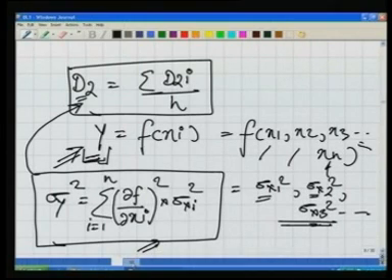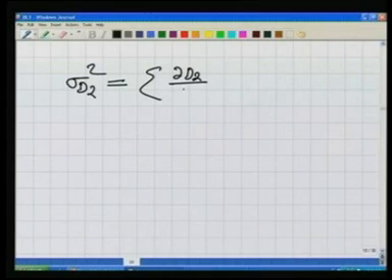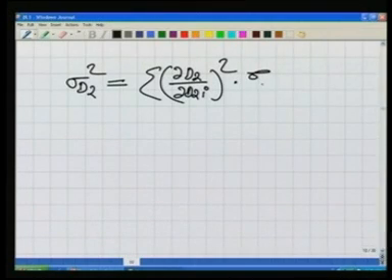So it becomes the sum of the square of partial D2 by partial D2i, multiplied by sigma D2i square, where i varies from 1 to n.